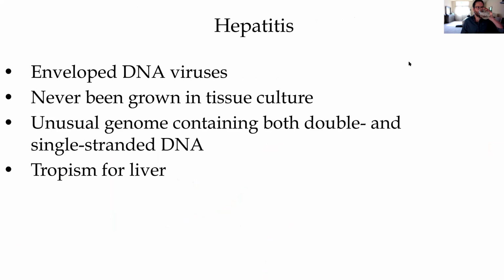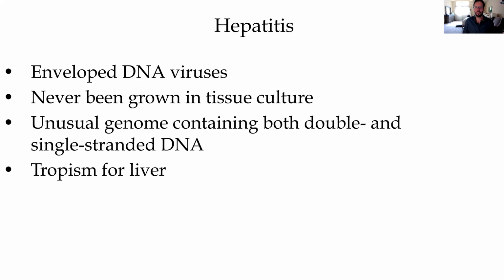Hepatitis, right? Hepatitis is an enveloped DNA virus. And interestingly, fun fact, it's never been grown in tissue culture, which makes it difficult to study. And another fun fact, which I think is even more fun than the never being grown in tissue culture, is that it's one of these weird ones that has both double and single-stranded DNA.